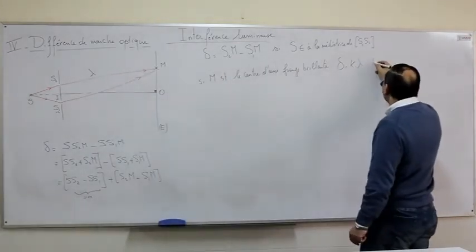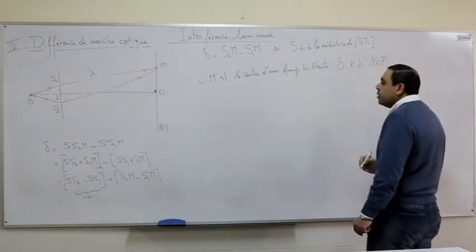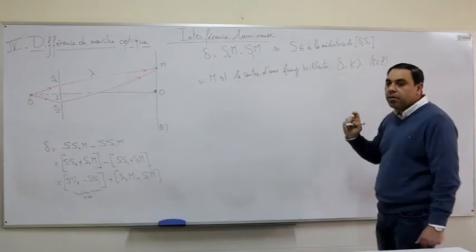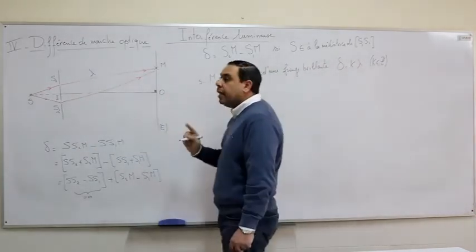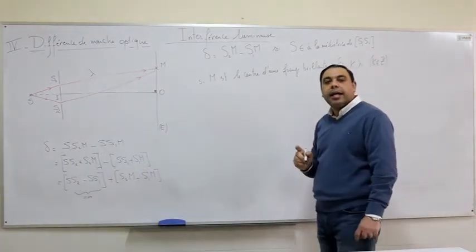K is an integer. If M is the center of a bright fringe, the optical path difference is an integer multiple of lambda.